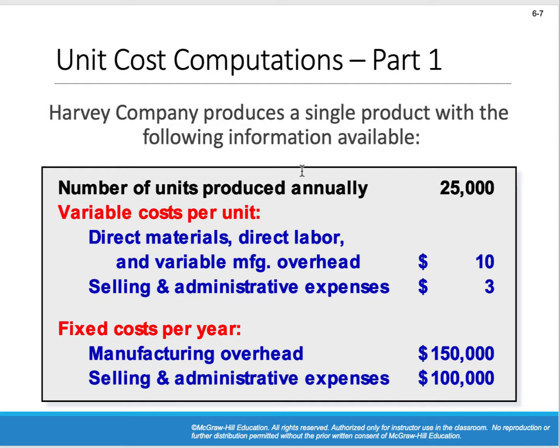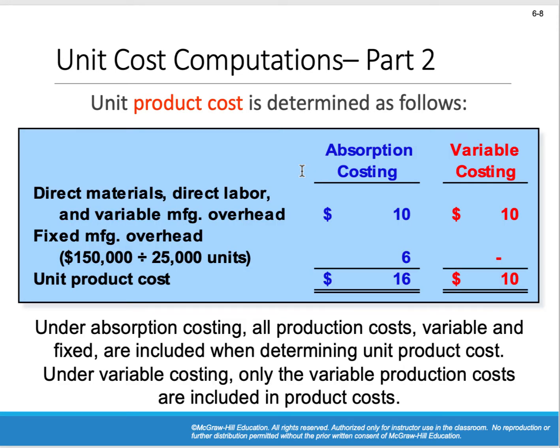That's the total cost. How many units do we produce? 25,000. So we're applying that total fixed manufacturing overhead cost to the unit based on the units produced, which is 25,000. So if we divide that 150,000 by the 25,000 units, we end up with $6. So that means that each product has $6 of fixed manufacturing overhead included in it.